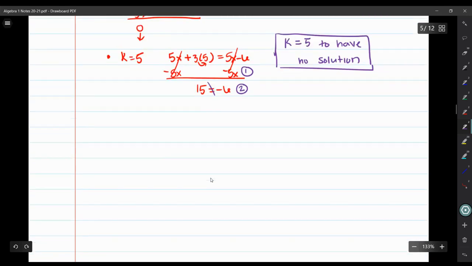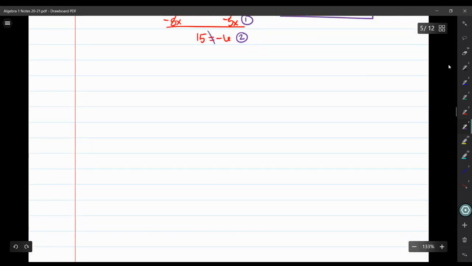Let's try one more. One more that's extremely similar. So example 4. Similar question. What value of k, I could use any letter, by the way, will make the equation have infinite solutions?